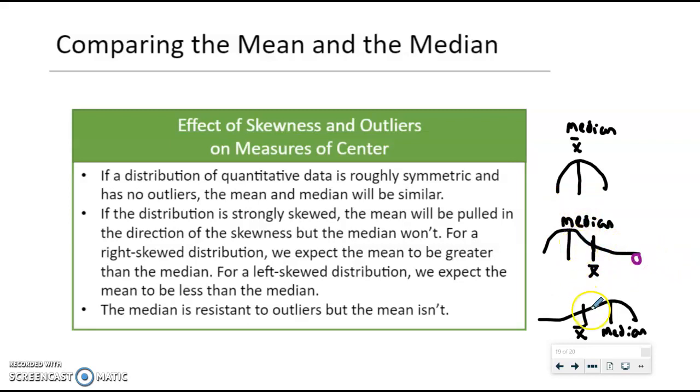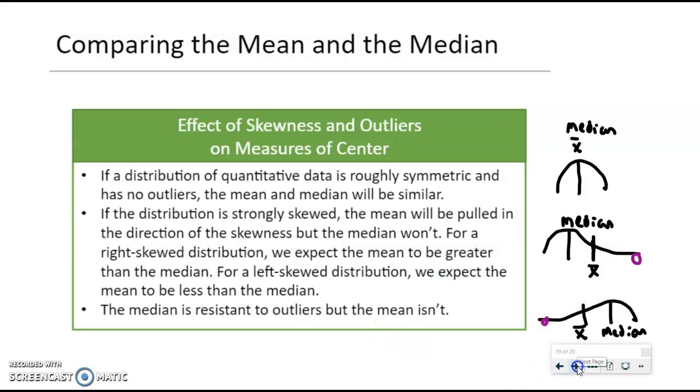The median is going to stay in the same location. If I look at a skewed left, I have an outlier on the left, and the mean is being drawn to that. The median is resistant to outliers, but the mean isn't. Because the median is the middle number, it's not easily drawn one way or the other. The outliers do not impact the median as much.